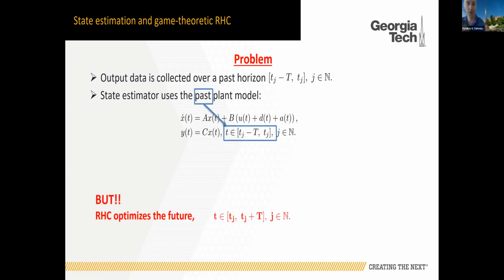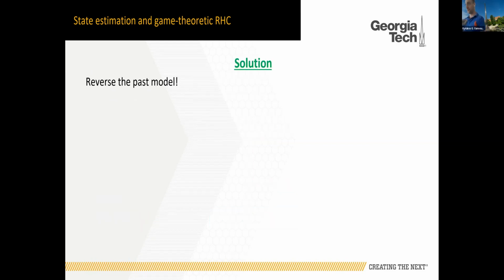Receding horizon control, though, as you remember, I am at time t and I go to the future. Because the measurements from the output that I have are of course in the past, I cannot, for example, measure a sensor in the future. This doesn't even make any sense. Receding horizon control works in the future. So let's see how we can mitigate that.